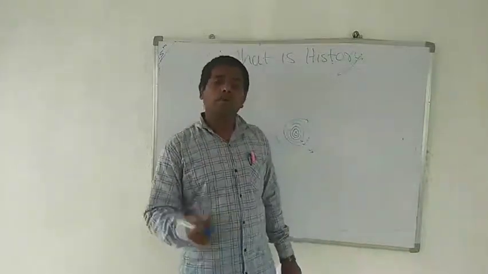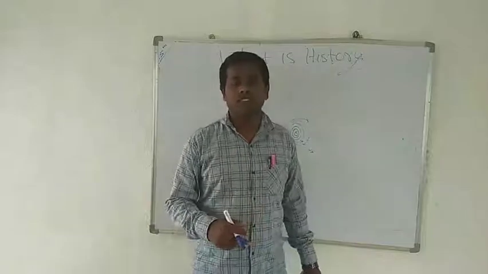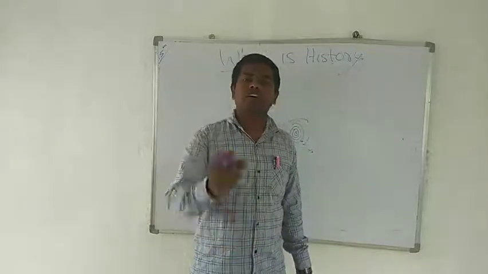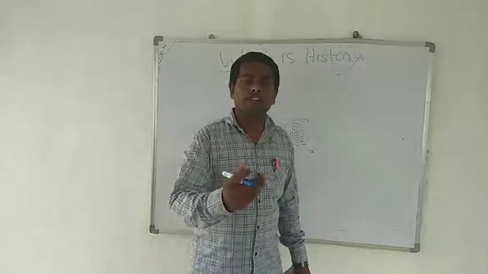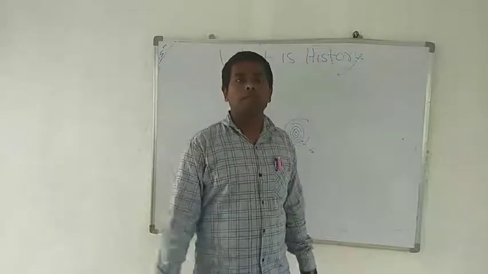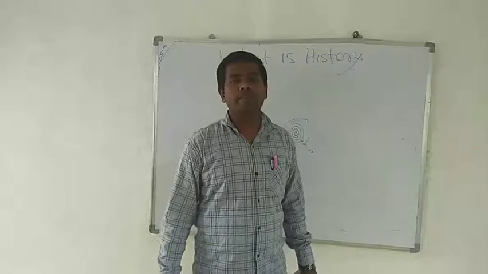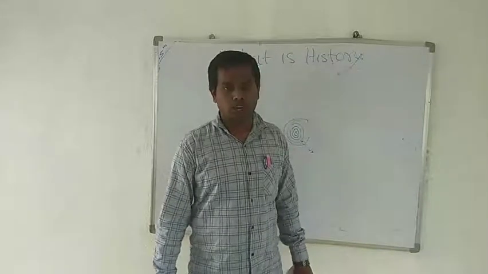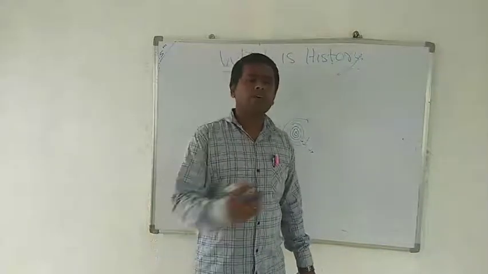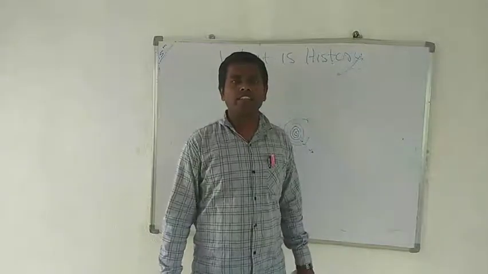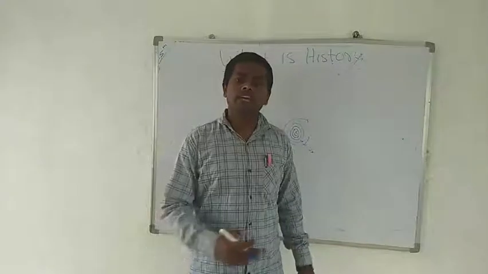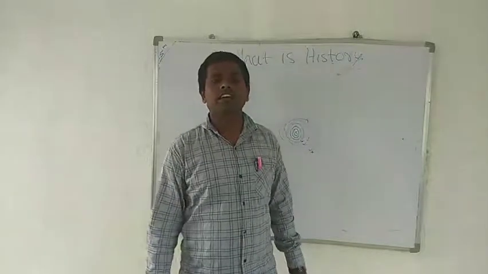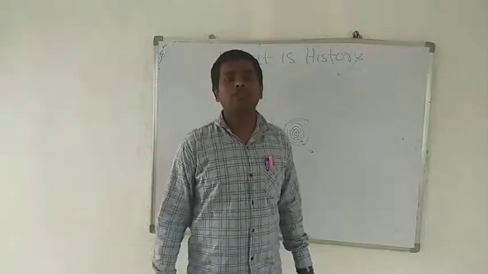And we can also study kings like the Mughal Badshah and Samrat Ashoka. All these things happened in the past, and we can call them the history of the past.